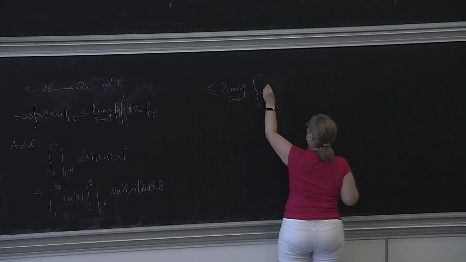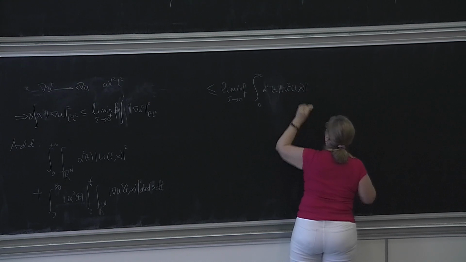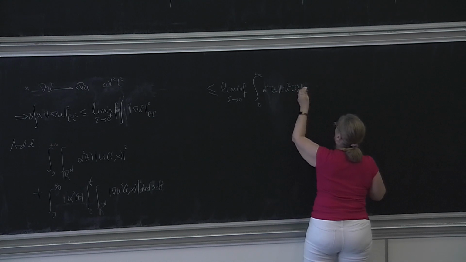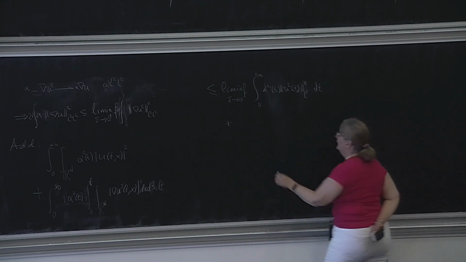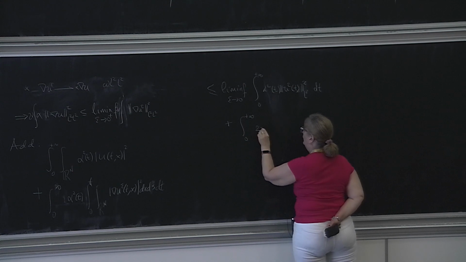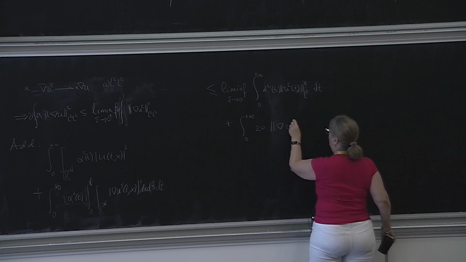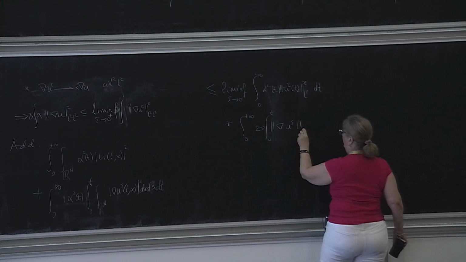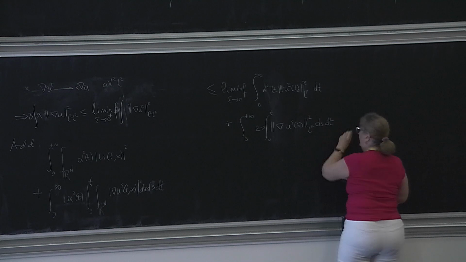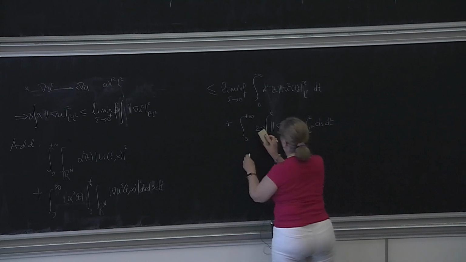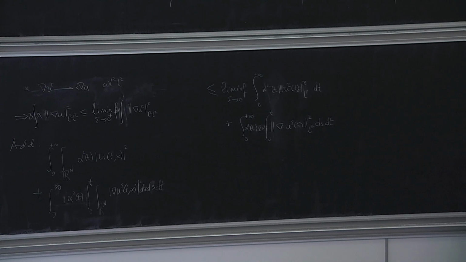This is going to be alpha squared of t times the L2 norm at time t, plus the integral from 0 to plus infinity, 2 nu integral from 0 to t of the L2 norm, at time s, squared ds dt, times alpha squared.